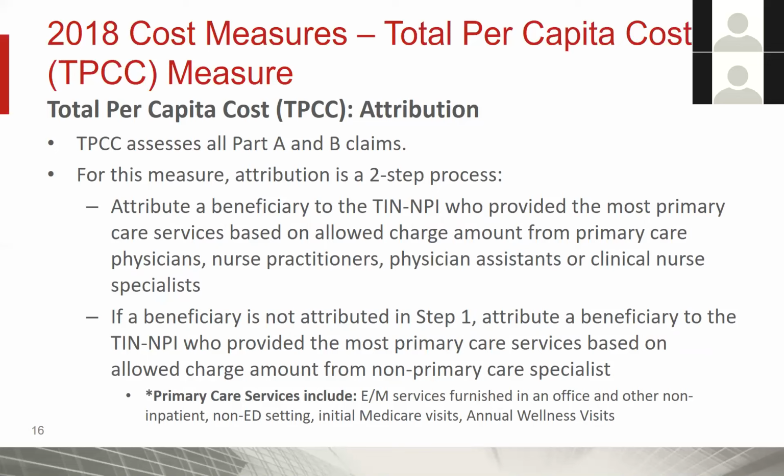If a beneficiary is not attributed in step one of the process, CMS will attribute a beneficiary to the tax ID NPI who provided the most primary care services based on allowed charge amount from non-primary care specialists. And CMS will define primary care services to include E&M services that are furnished in an office setting and other inpatient settings, non-ED settings, as well as initial Medicare visits and annual wellness visits. Those are also included in the definition of primary care services.